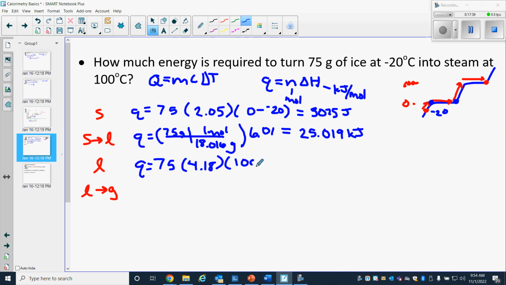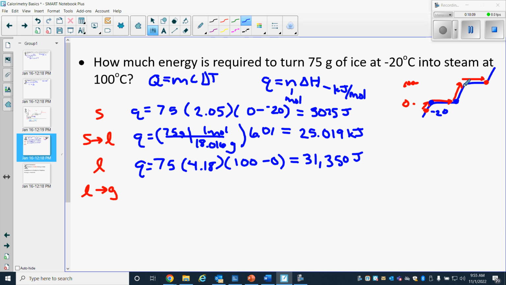So it's the 100 minus 0. So we have 75 times 4.18 times 100. This is 31,350, and that is joules, to match up with our specific heat. And yet again, I'll come back for sig figs and units in a moment.